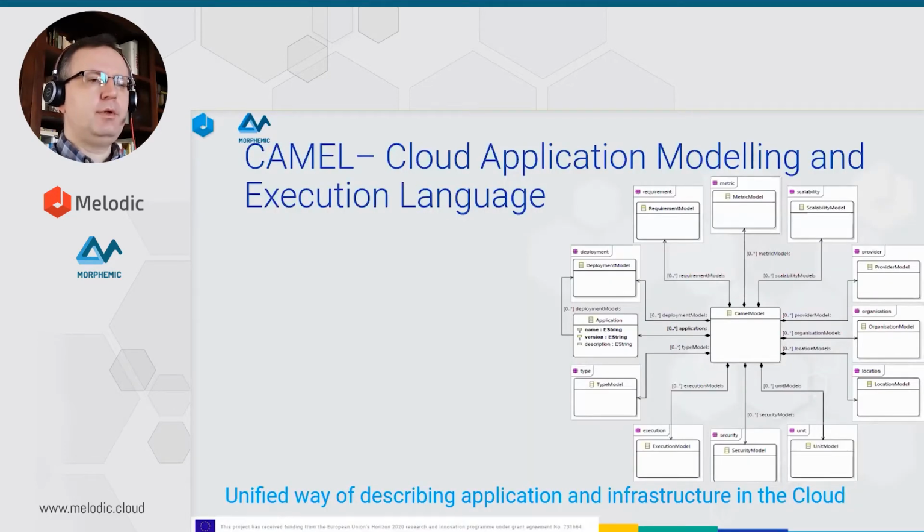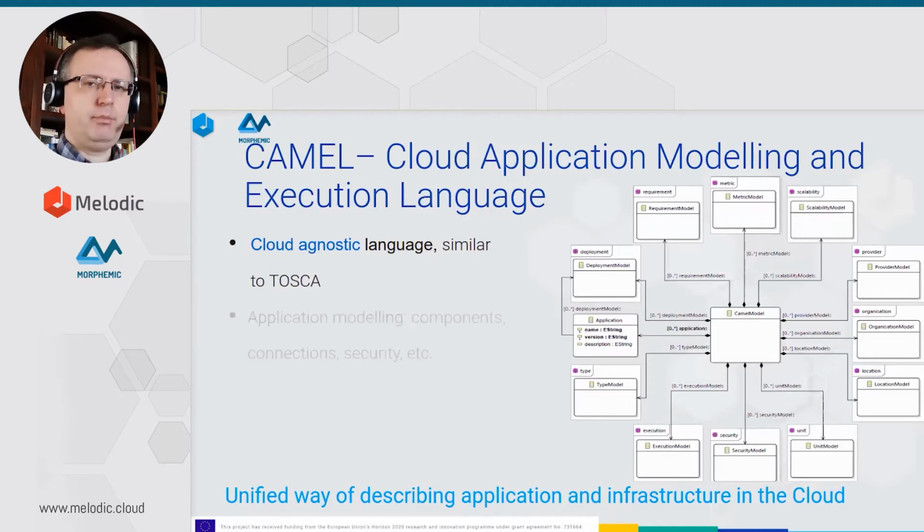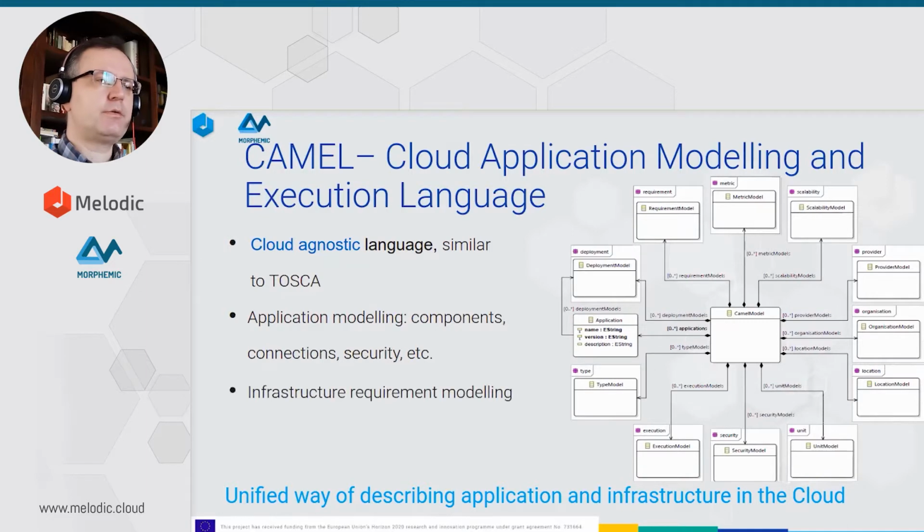The first step is to model the application, and we are using CAMEL, the Cloud Application Modeling and Execution Language. It is a cloud-agnostic language, so not like CloudFormation or Heat. It's very similar to TOSCA, but also contains a superset of additional features compared to TOSCA. We can model the application, so not only the infrastructure, but also the application components, connections, and security.